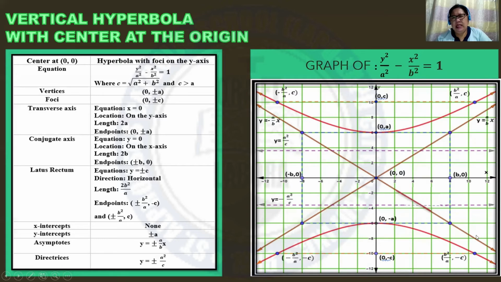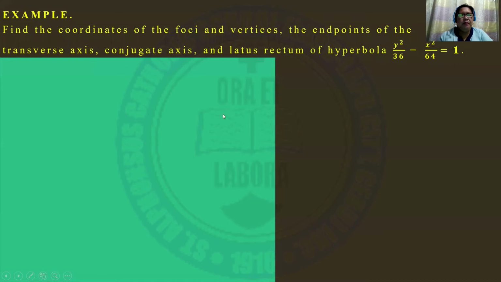That's your first asymptote. Through this point and this point, you draw a line passing these two points, and you have another asymptote. And this is now the equation of the asymptote. And this broken line here are the directrices. This one.